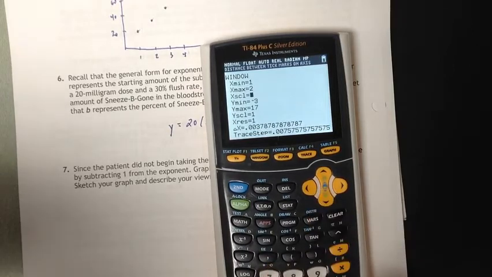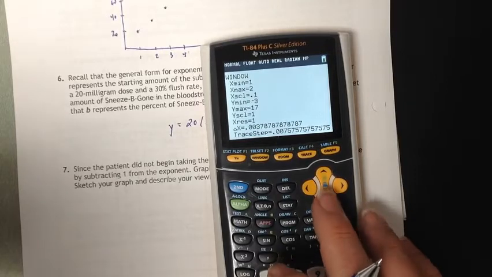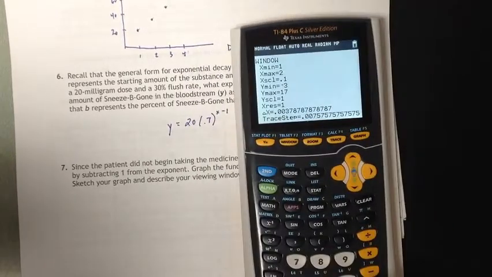Okay? And I'm just going to say 0.1 here. And I know that I'm going to put 0 for my minimum, and let's put 45 for the max. And we'll go by 5s here.